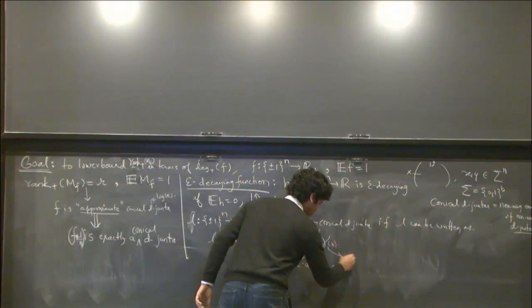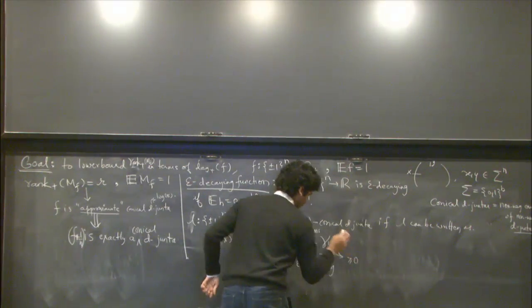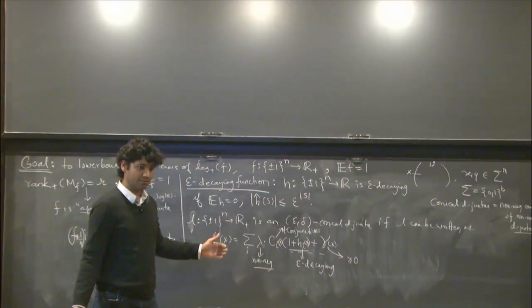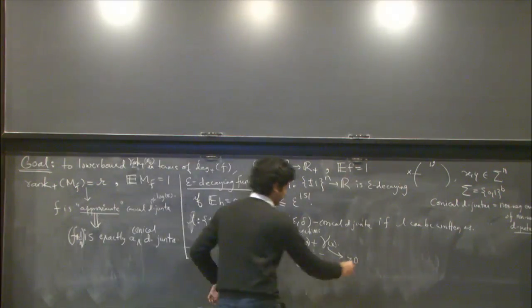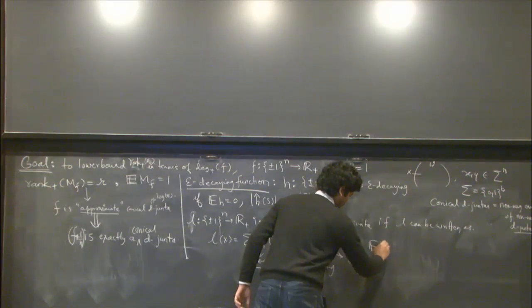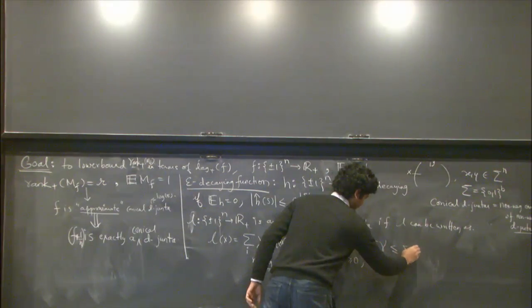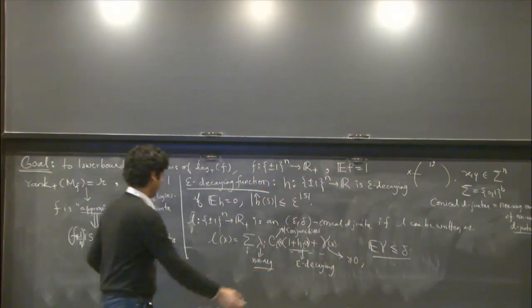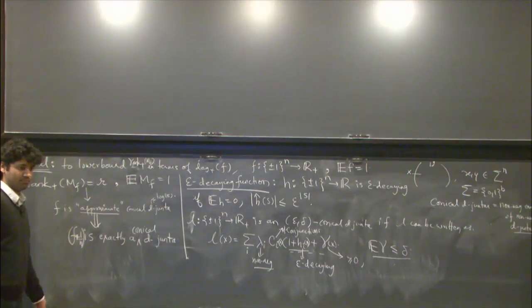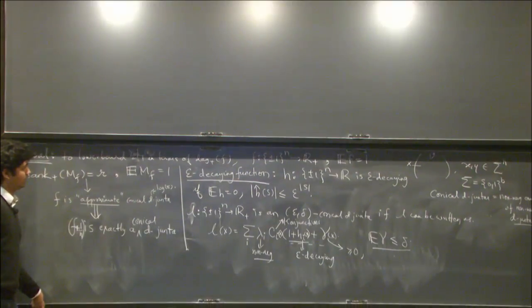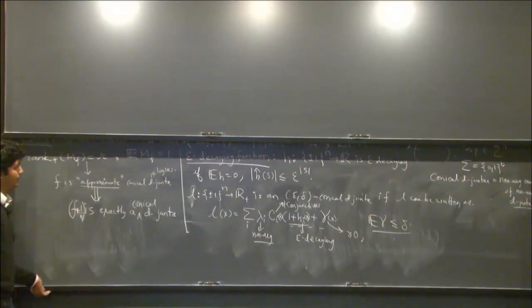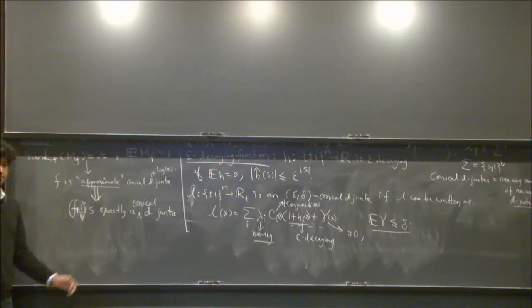The gamma is going to be a non-negative function, and the expectation of gamma is going to be less than delta. That's what I mean by an epsilon delta approximate d junta.